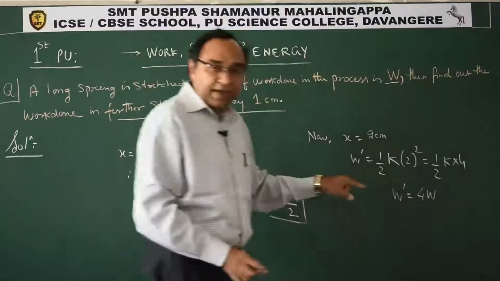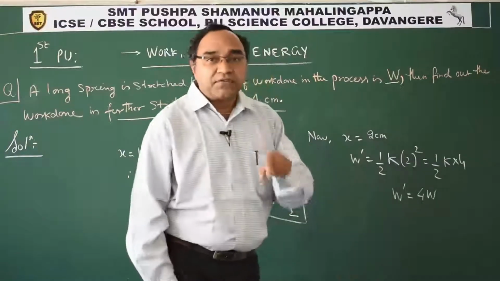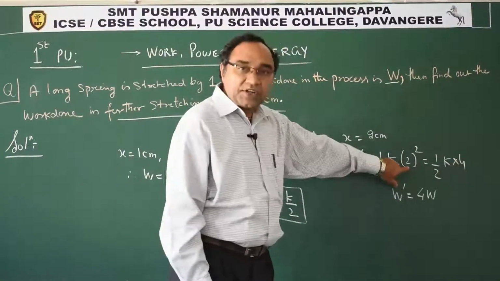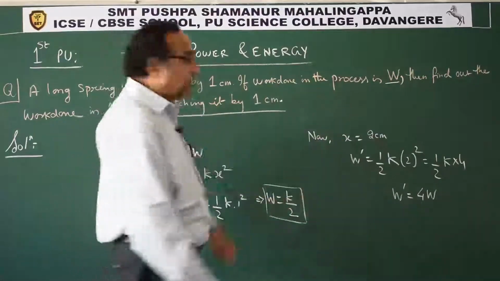Now this is not the answer. Students, please concentrate. This is not the answer. This was the answer to stretch it by 2 centimeter. But the question is given by additional 1 centimeter.